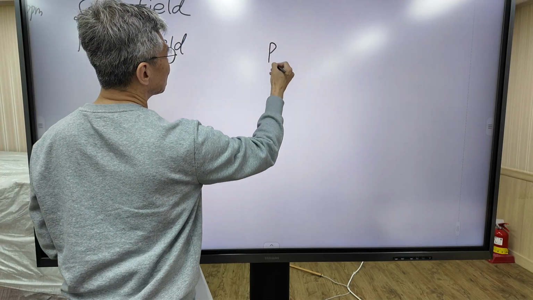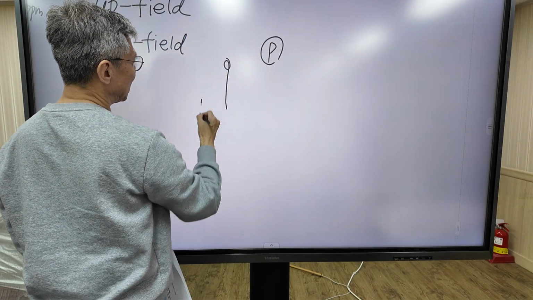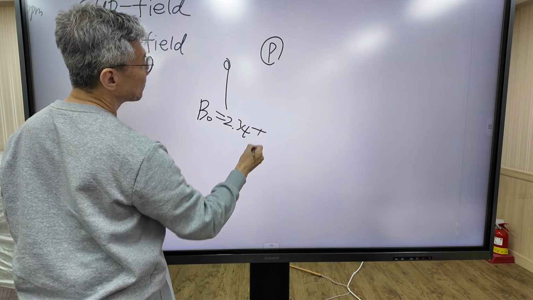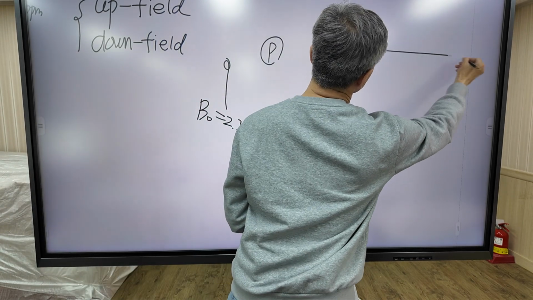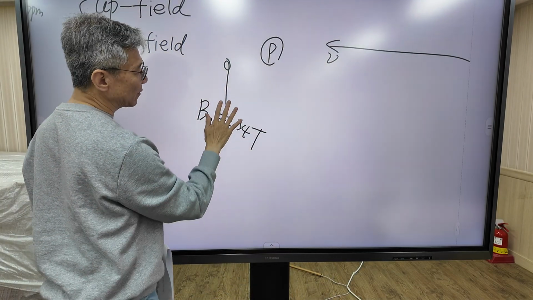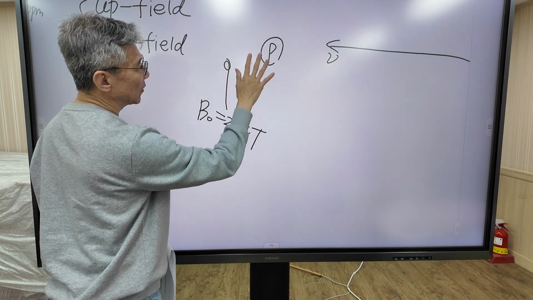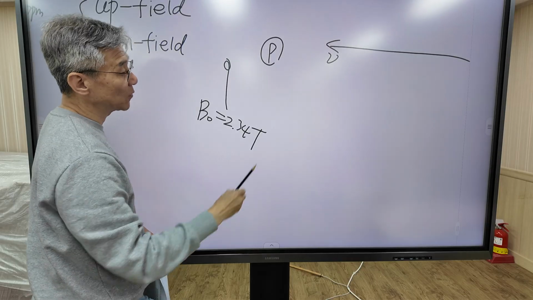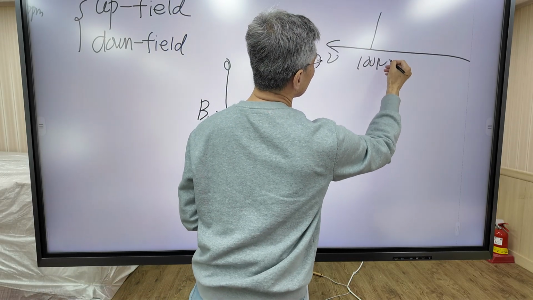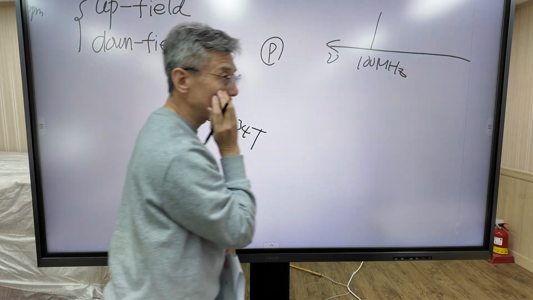The proton is here and a magnetic field is applied, 2.34 Tesla. This is the frequency. When I apply a magnetic field of 2.34 Tesla, the resonance frequency of a bare proton is 100 megahertz.